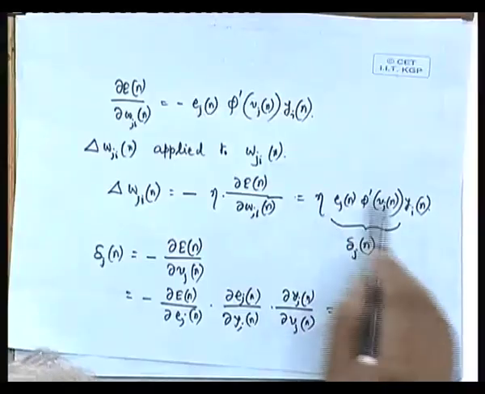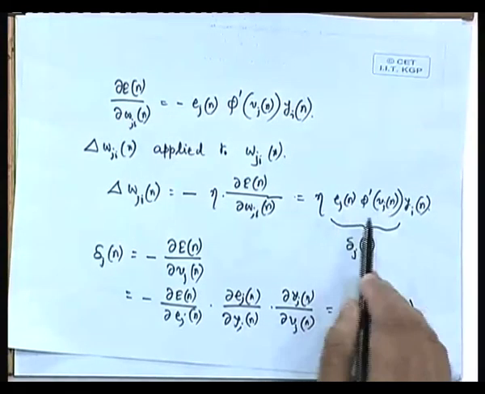Now, the most important thing is how to compute this local gradient. Now, local gradient computation is very easy as long as we have the neuron j as the output neuron. Actually, our analysis began with that. We began with the neuron j to be the output neuron, and given that neuron j is the output neuron, this is what we get as the delta j, that is error times derivative of the activation function, which we know.